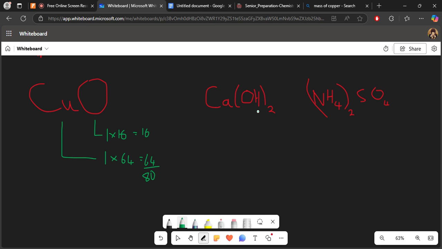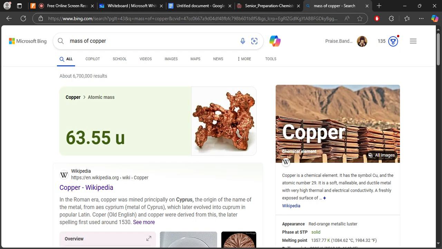For calcium hydroxide, we have two hydrogens, each of mass 1, two oxygens, each of mass 16, and one calcium with mass. What's the mass of calcium?